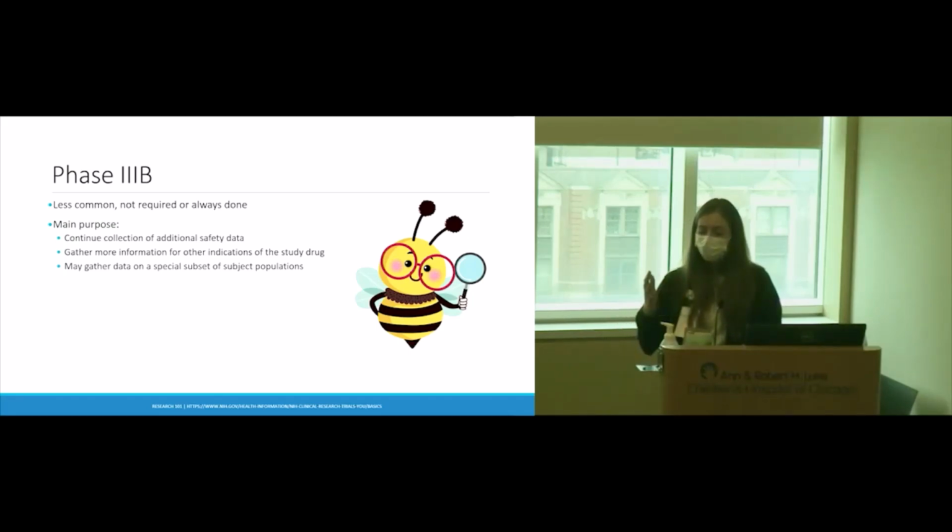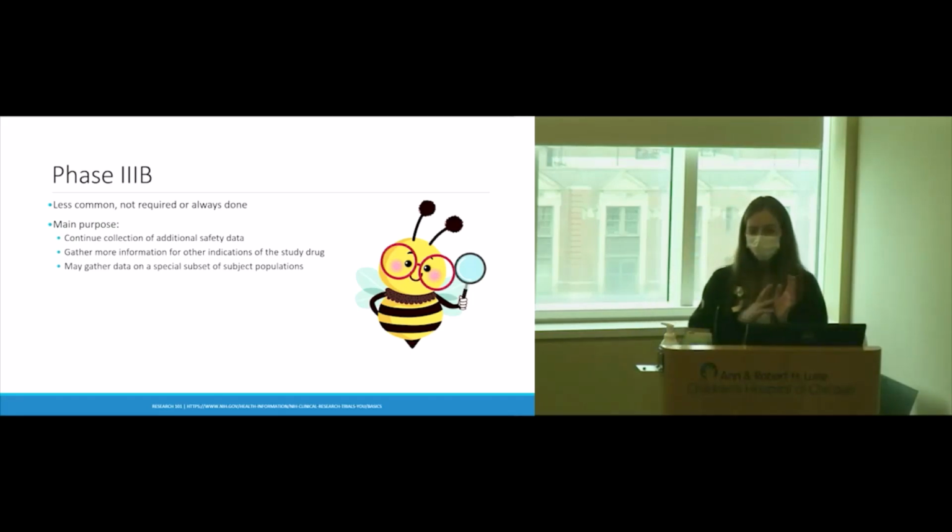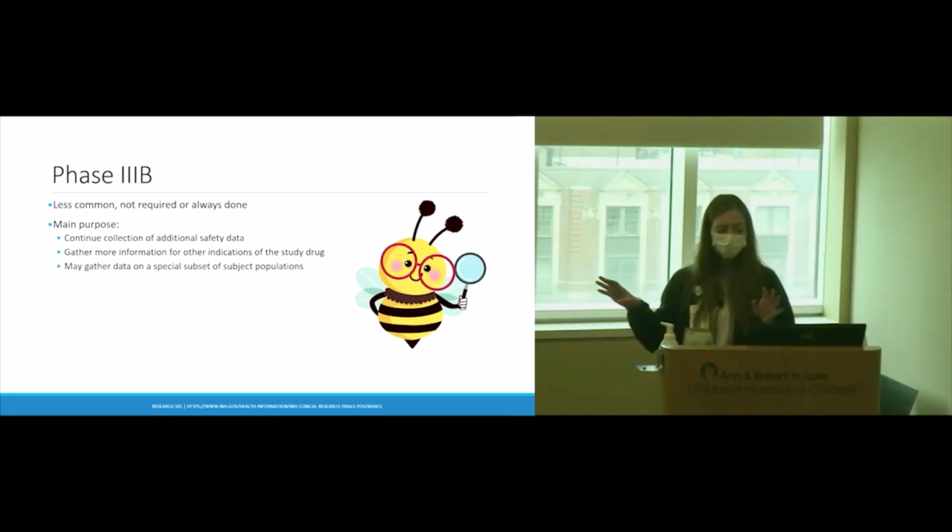And so at that point, you could have different targets, or what we call endpoints for a study. So the treatment helps with this symptom, but not with this other symptom. So in phase 3B, you might focus in on all the different symptoms that a treatment is helping with.